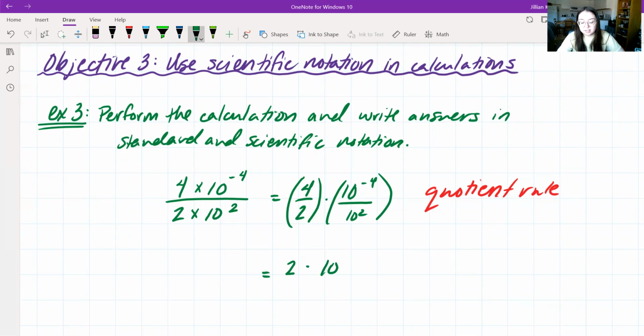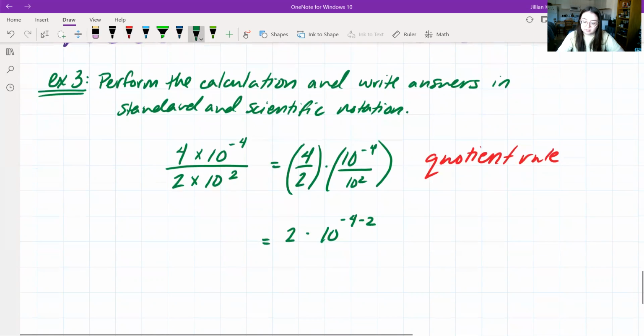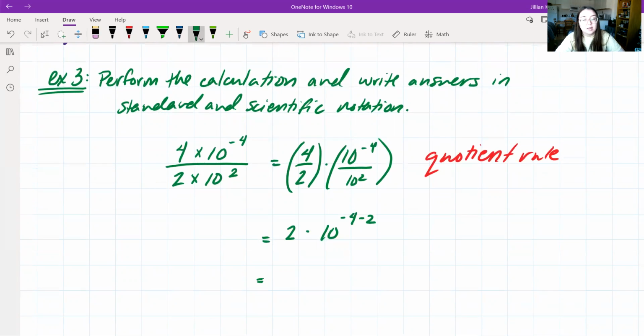And then we have 10 to the power of negative 4 minus 2, where negative 4 minus 2 is going to give us 10 to the power of negative 6. So this is in our scientific notation.